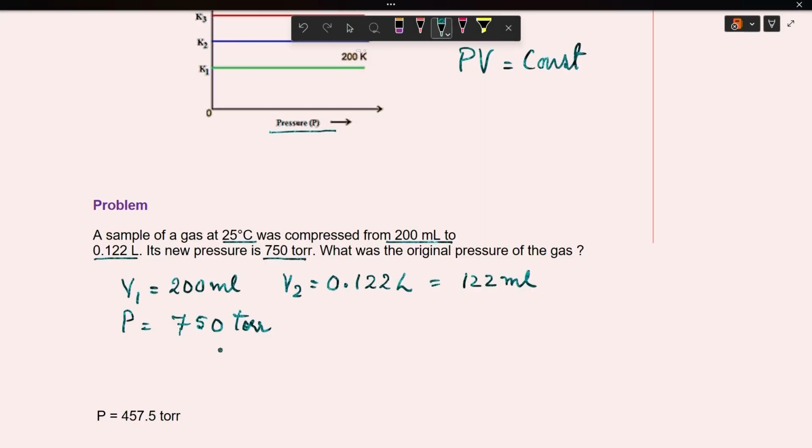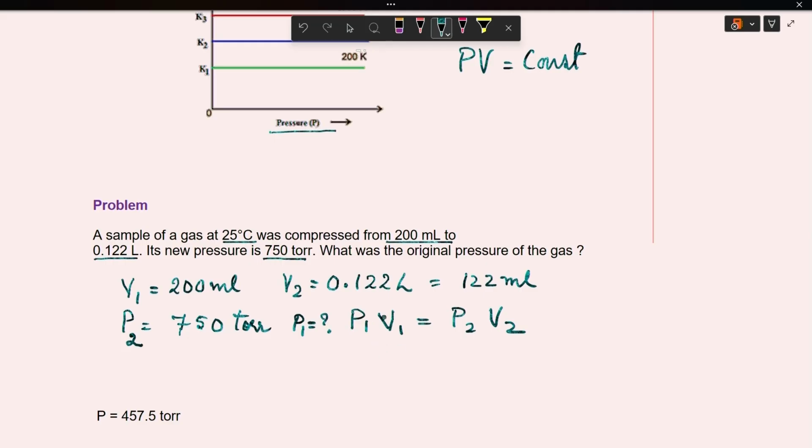Now, we are going to take the expression P1V1 is equal to P2V2. So, its new pressure is 750 torr. The previous pressure we do not know what it is, and that is what we have to find out. Here this pressure will be taken as P2, and what we have to find out is P1.